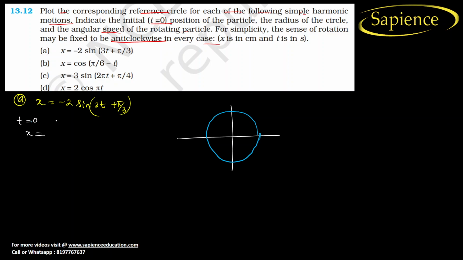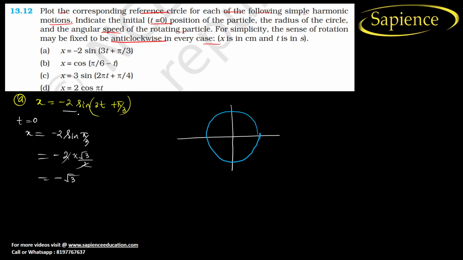The x value will be minus 2 into sin pi by 3. Sin pi by 3 means sin 60, which is root 3 by 2. So minus 2 into root 3 by 2, the 2s cancel out, so finally minus root 3.